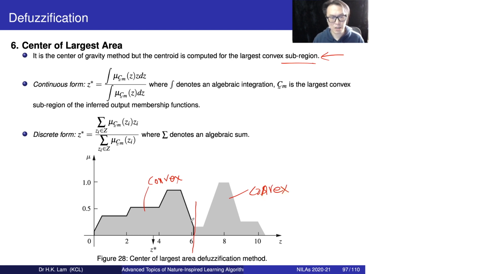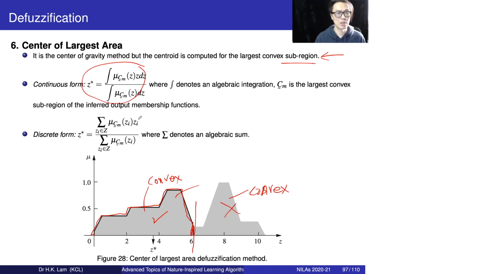Okay, so now we are going to calculate the area of these 2 sub-membership functions. We find out which one gives you the largest area. So that's why we only apply this equation, the Centroid method, to this membership function, but not this one.